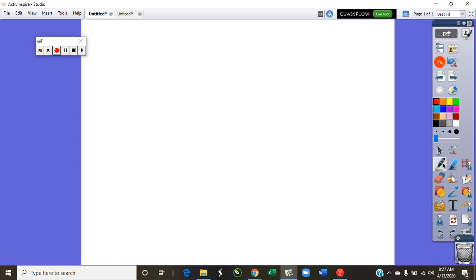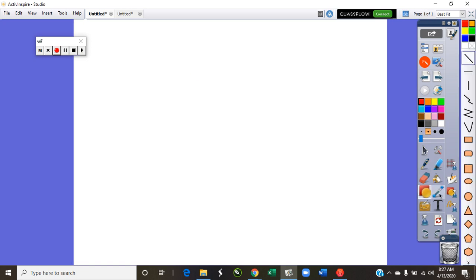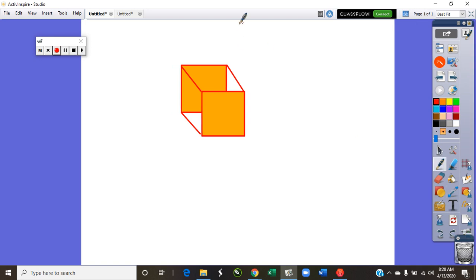All right, so let's start with a cube. Let's say that this is just a simple cube. And remember, if it's a cube, that means all the sides are square, so they have the exact same measurement. So this is the volume of a cube.